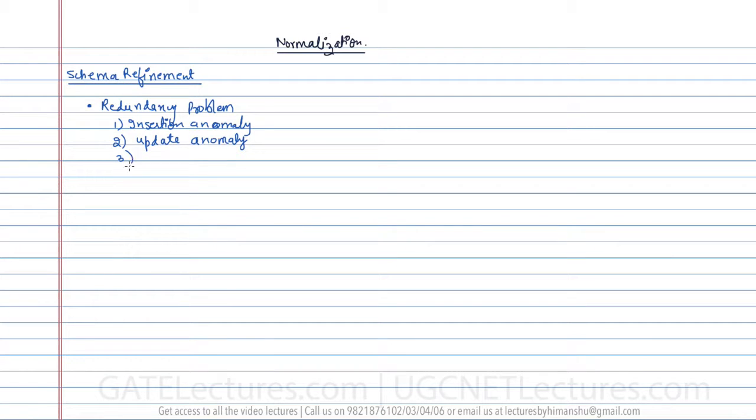Third one is the deletion anomaly. Right? So we can have all these different anomalies, and because of these different anomalies we are going to waste a lot of space. They are going to lead to different problems.